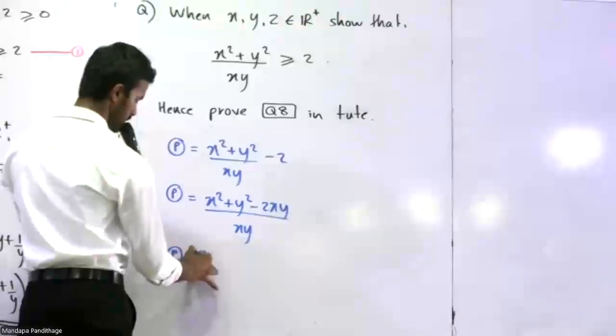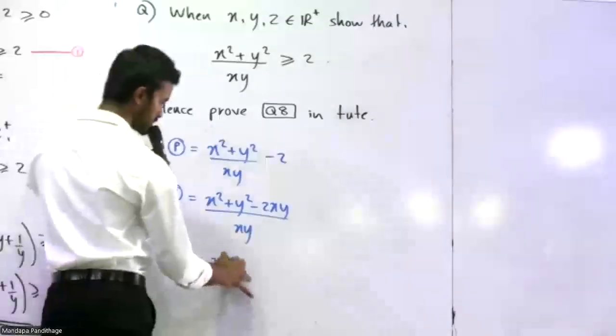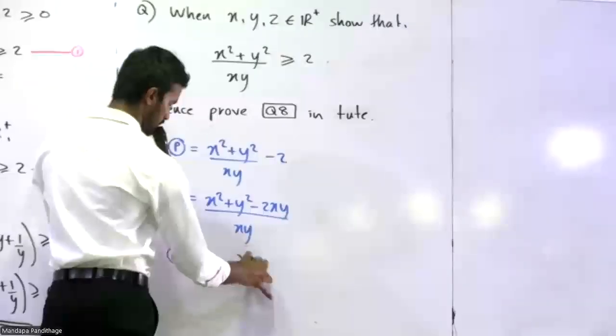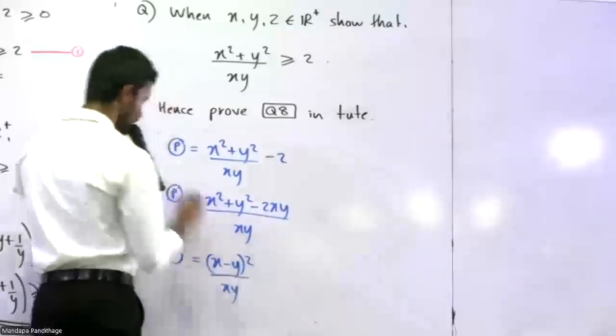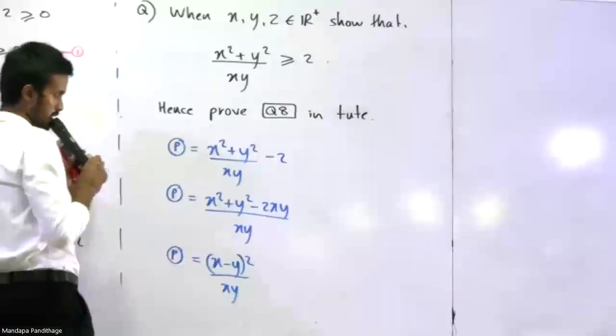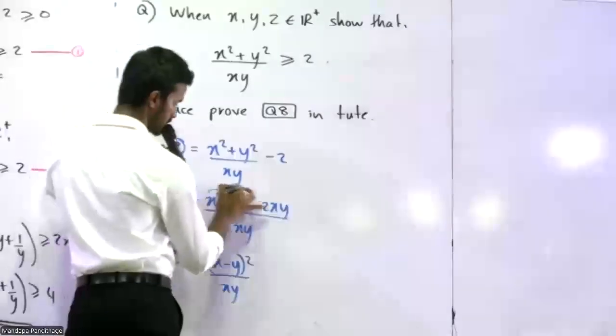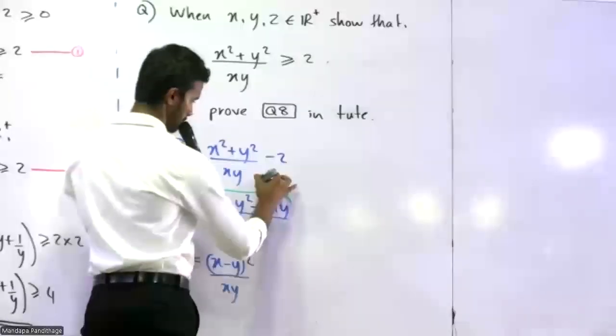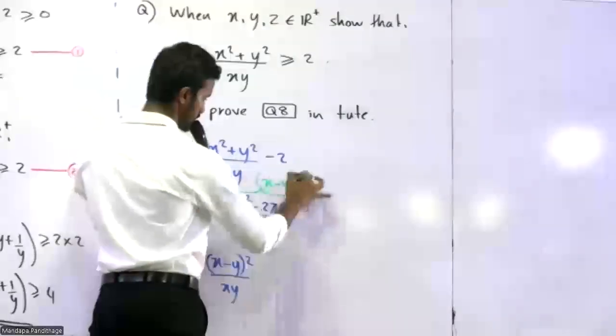So what is in the numerator? It's (x minus y) squared over xy. Clear? (x minus y) squared over xy.